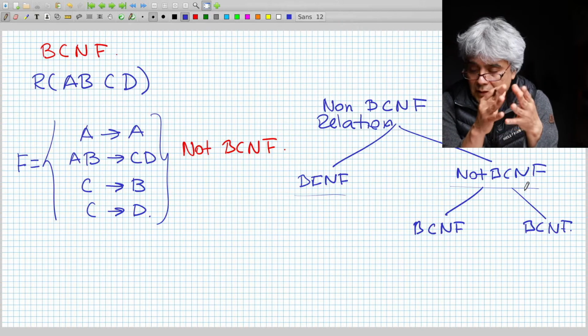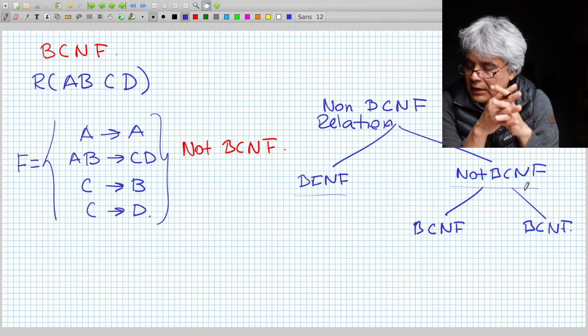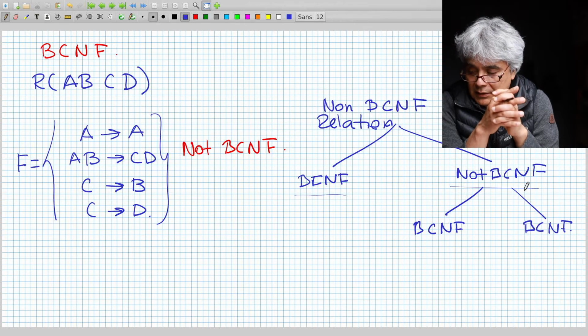And my algorithm actually recursively guarantees that I will end with BCNF relations. We will see in a few minutes that every relation is guaranteed to have a BCNF decomposition. But not every relation has a good BCNF decomposition.